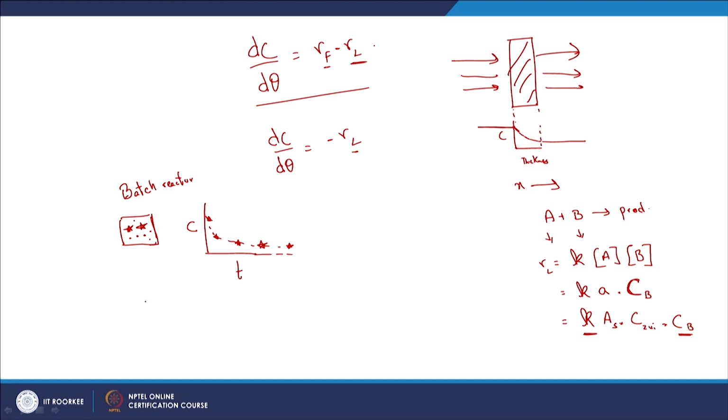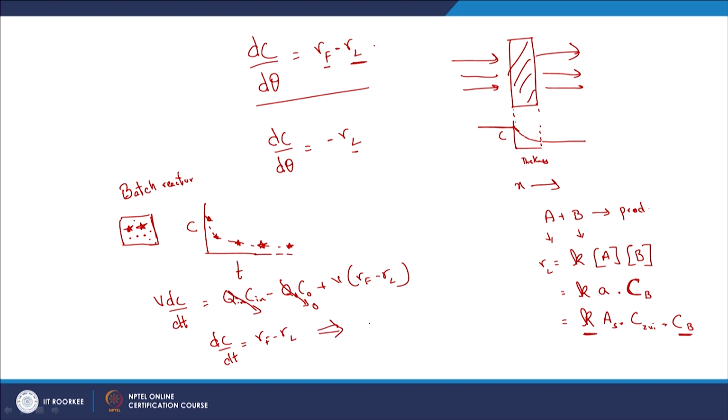So, what was the mass balance for the macroscopic scale? It was V dC by dt is equal to Q in C in minus Q out C out plus volume into rate of formation minus rate of loss, right. Obviously, there is no flow coming in or going out, and now I am left with dC by dt is equal to rate of formation minus rate of loss.